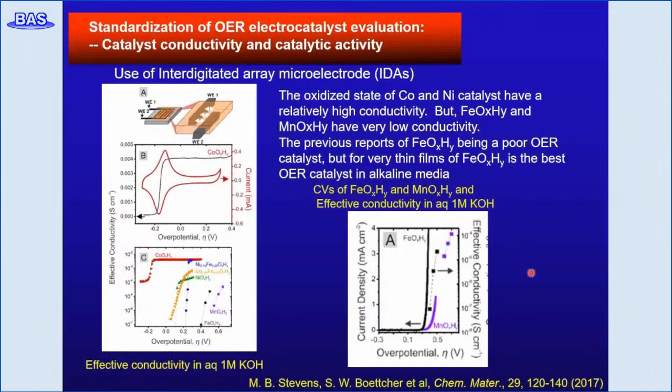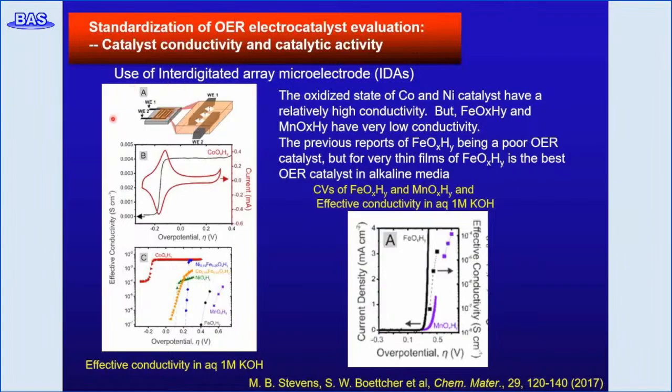The system used here is an interdigitated array microelectrode, IDA, as shown here. The conductivity is measured by depositing the catalyst on the surface of the electrode and applying a small potential difference between WE1 and WE2 and measuring the current flow between the two.